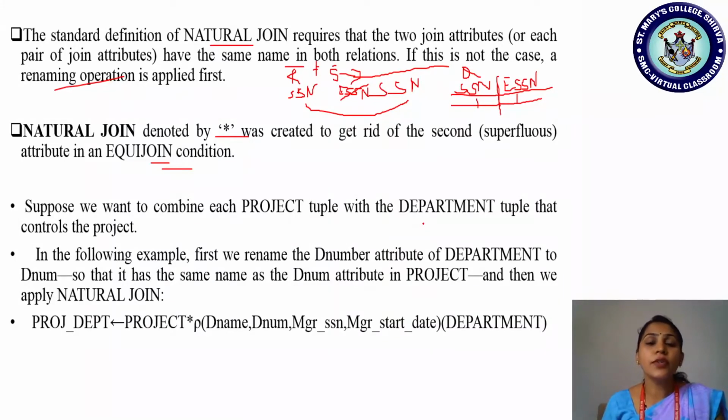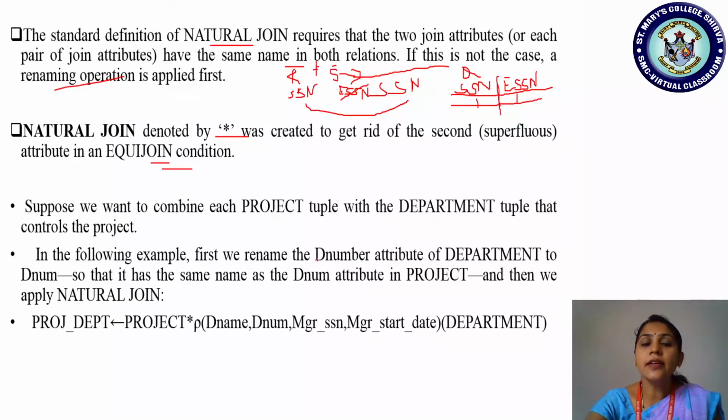If you want to display information like that, then the join operation is applied on which relations? Project and department relations. So how is it implemented? In the project relation the department number information is present, and in the department relation department number information is also present. So in the following example, first we rename the Dnumber attribute of department to Dnum.